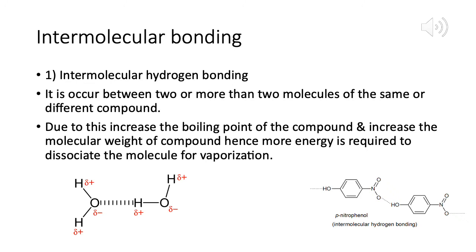Intermolecular hydrogen bonding occurs between 2 or more molecules of the same or different compounds. This leads to an increase in the boiling point and in the molecular weight of the compound, hence more energy is required to dissociate the molecules for vaporization.